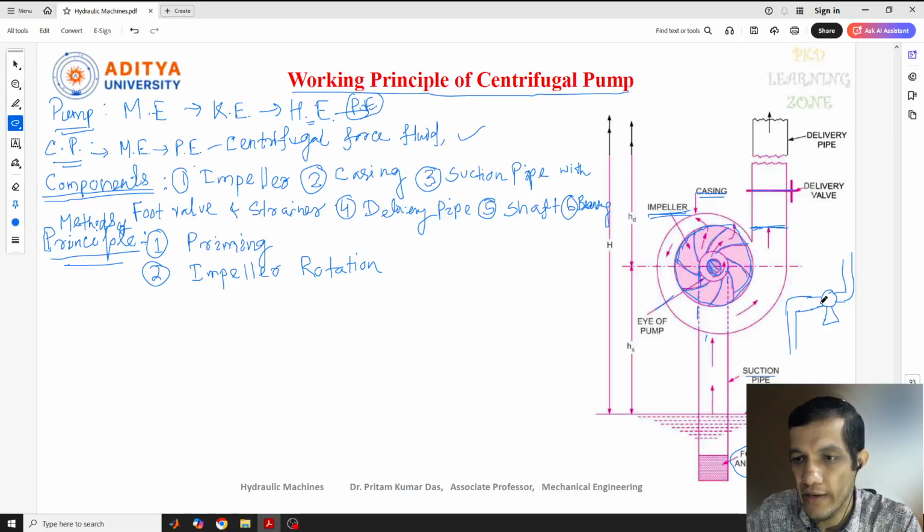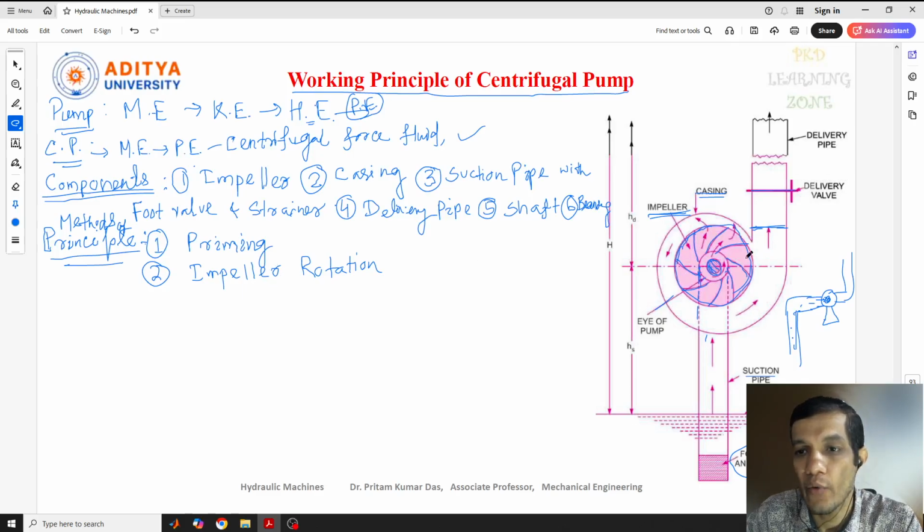This is the inlet, the suction pipe, and this will be the delivery pipe. Water will come from here and strike directly on this center, but it is shown in this view with a dotted line, so you need to assume it works like this. So the next step is impeller rotation.